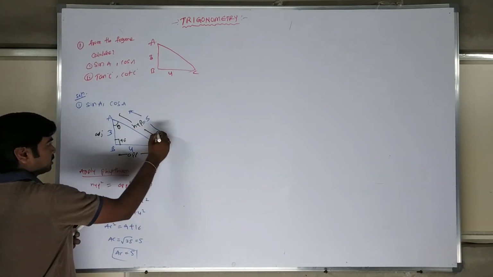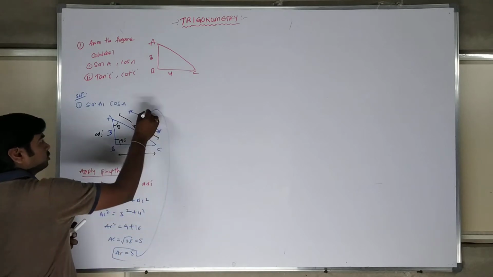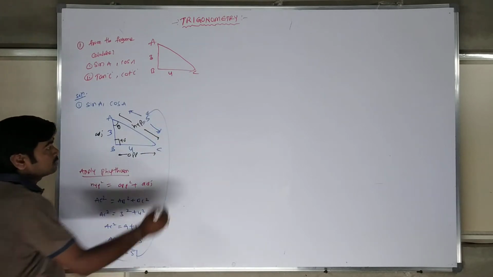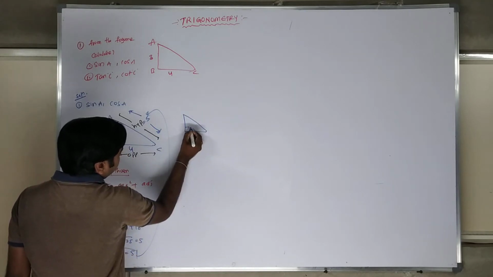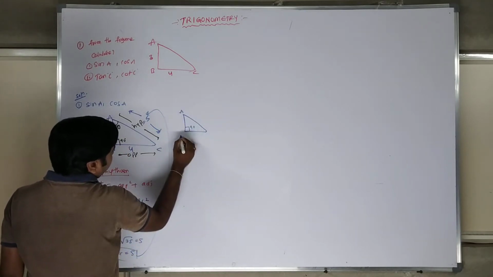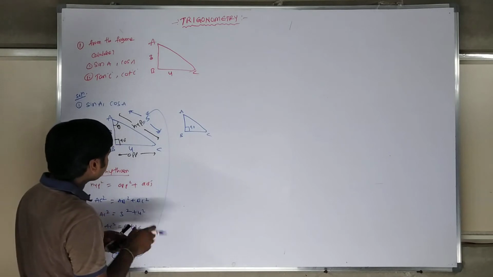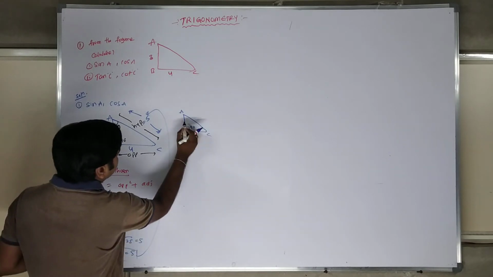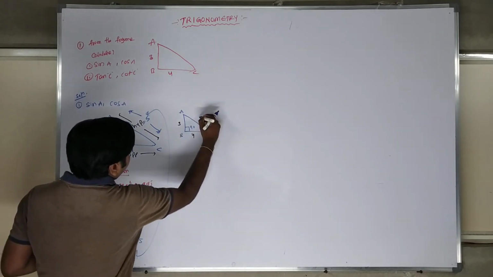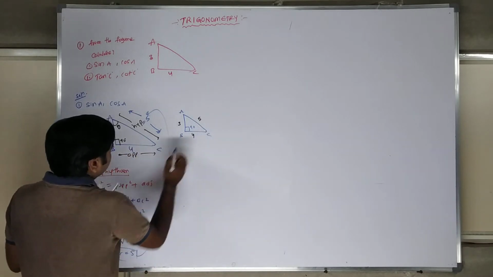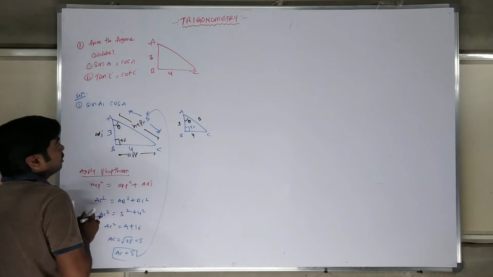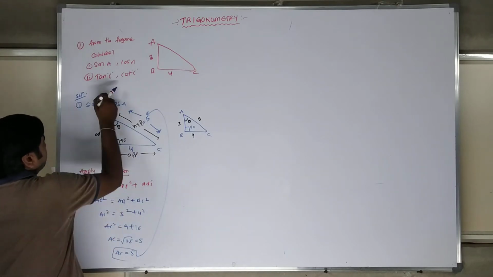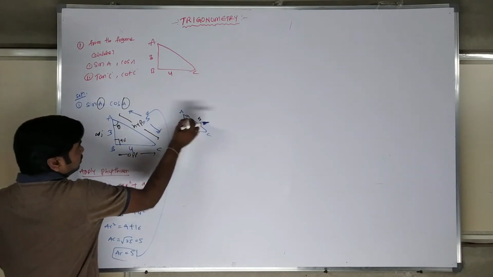After finding this, we need to substitute. Now we have all the values. Let us make a triangle for a clear vision: 90 degrees, A, B, C, with the values 3, 4, 5. This is theta, so angle A is indicated by this theta.